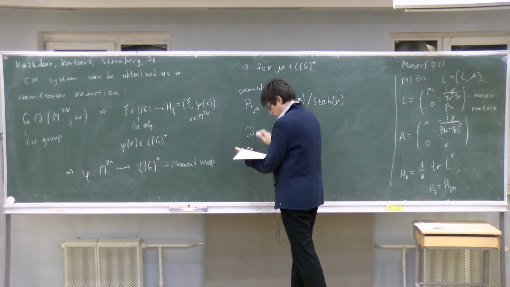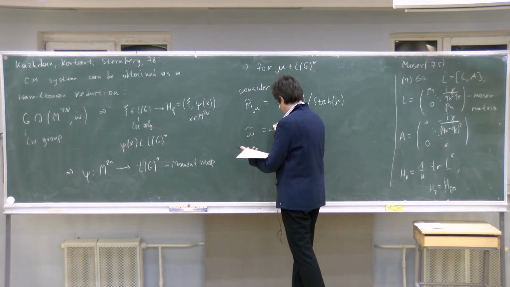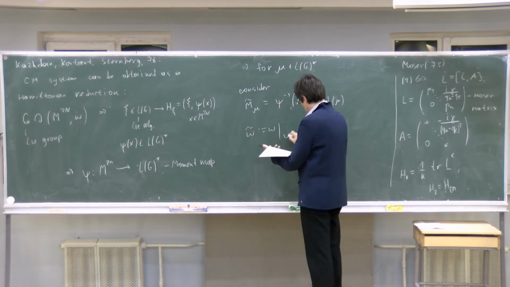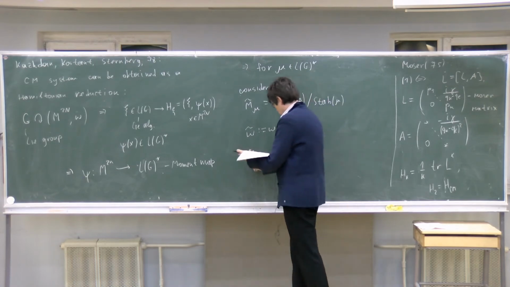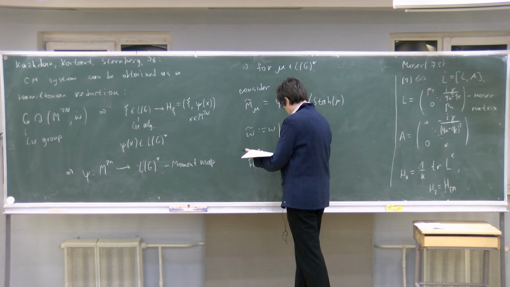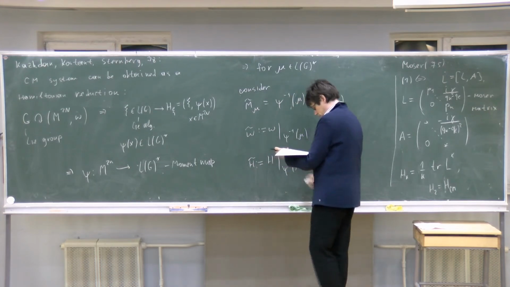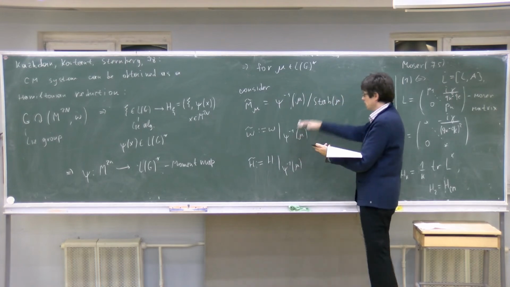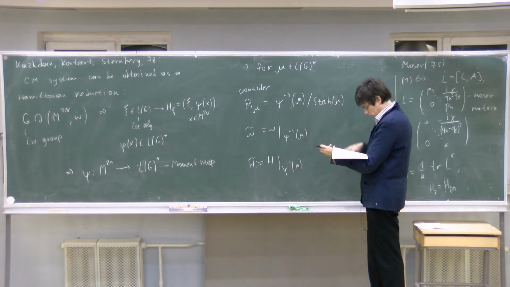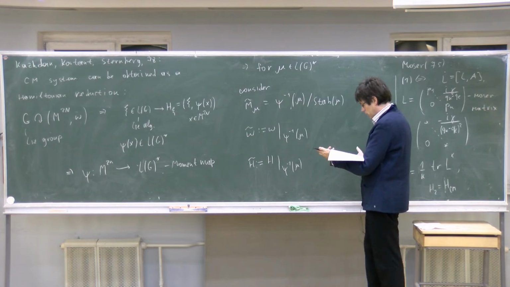We put omega tilde to be the restriction of our form to psi minus 1 of mu. And H tilde, the new Hamiltonian, is defined as a restriction of H on psi minus 1 of mu. Then both things can be reduced to this factor, and in such a way we get a reduction.